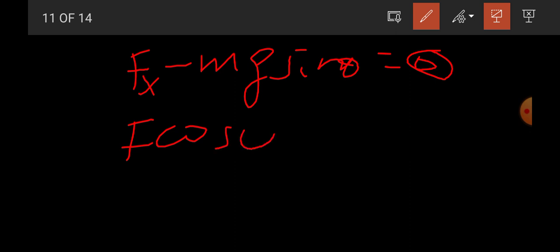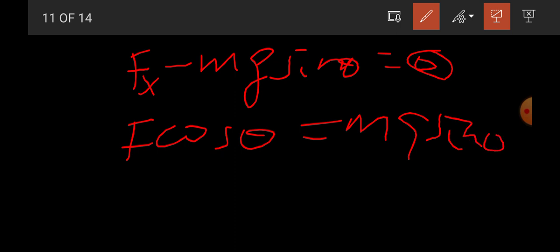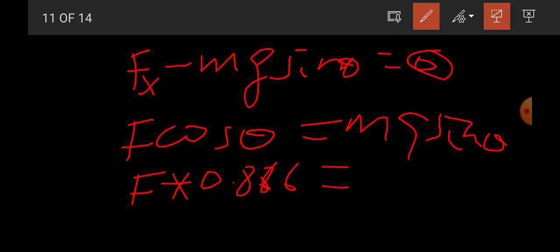cosine of theta is equal to mass times gravity times sine of theta. F times cosine of 30 degrees, that is 0.866, equals mass, that is 100, times gravity, 10, times 1/2.